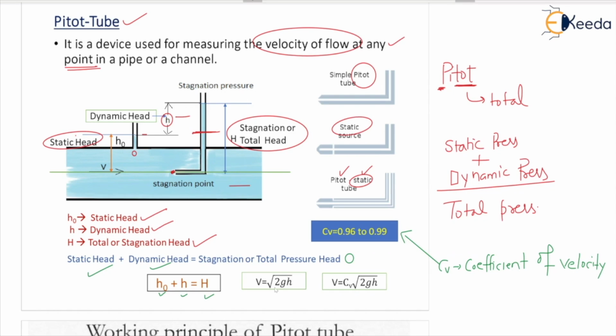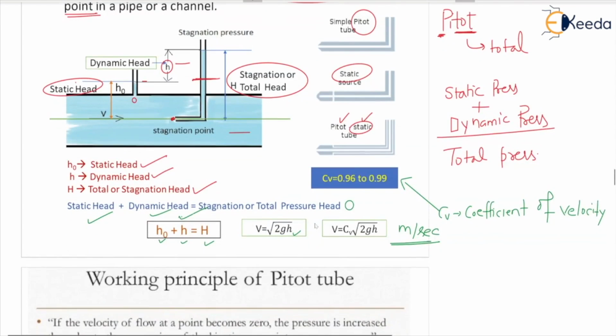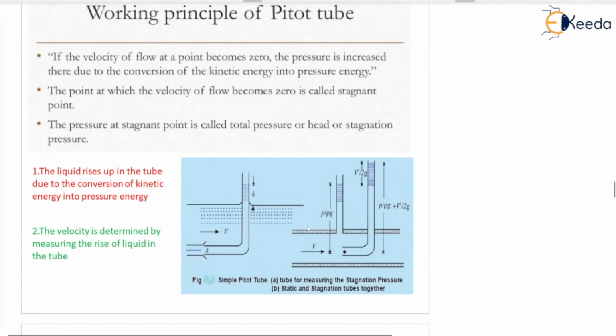So V equal to root under 2gh and V equal to Cv into root under 2gh. So from this equation, you have to find the value of small letter h, substitute here, and calculate the velocity in meter per second. Look at the principle in the next slide about the pitot tube working principle.